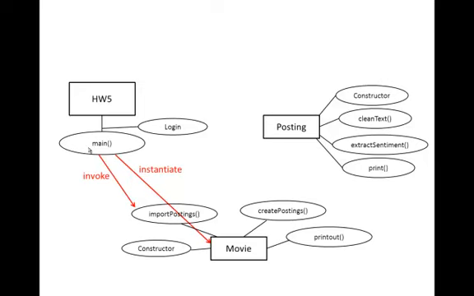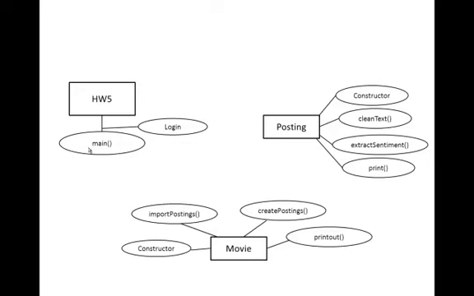Inside the import postings method, it will of course import all the postings from the text file, and then it will call create postings to create a new posting object for each of those text postings. Once each posting object is created, we will run clean text and extract sentiment on each posting.